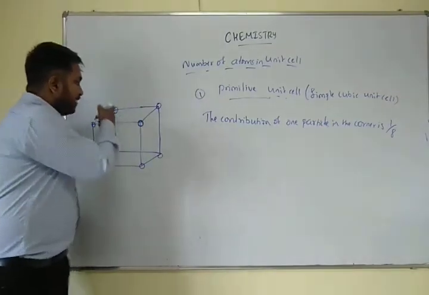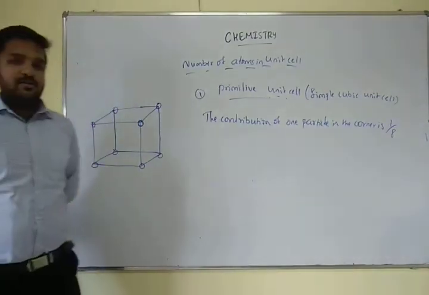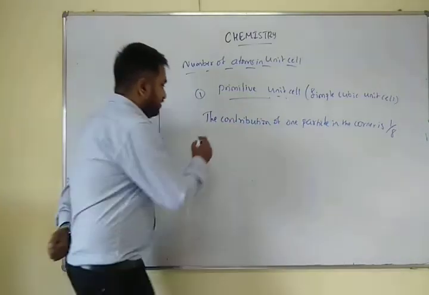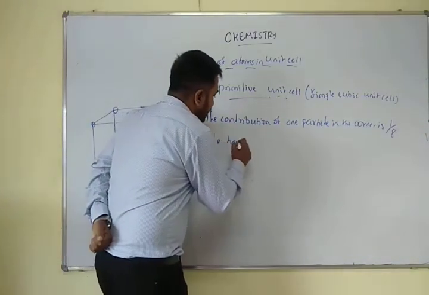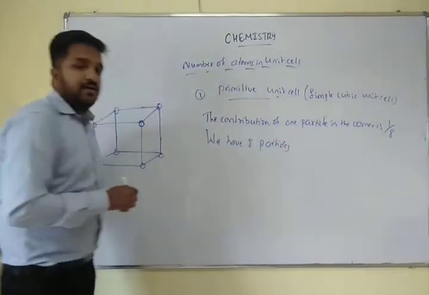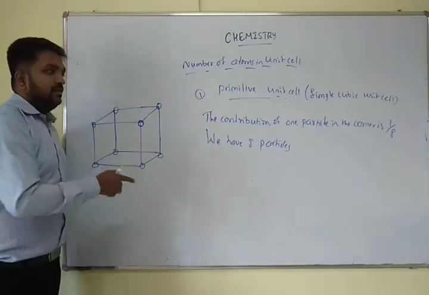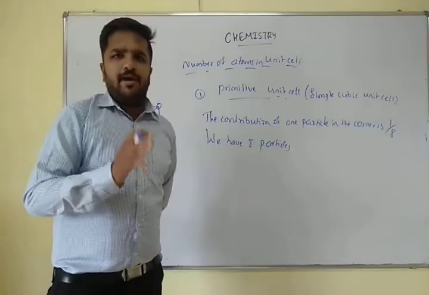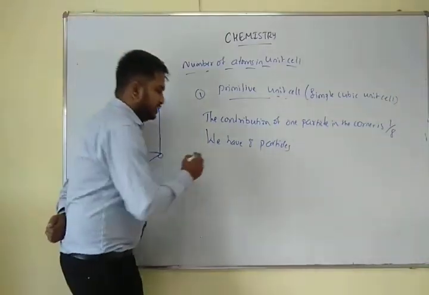So now, how many particles do we have in a primitive unit cell? That is 8, we have 8 particles, but each of the particles will contribute only 1 by 8 part of the unit cell.